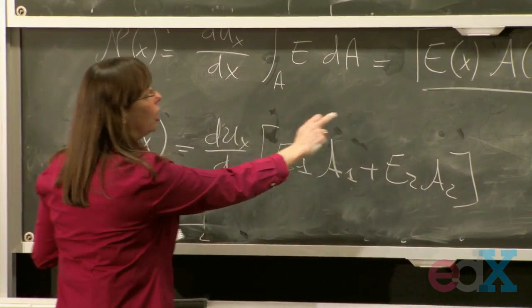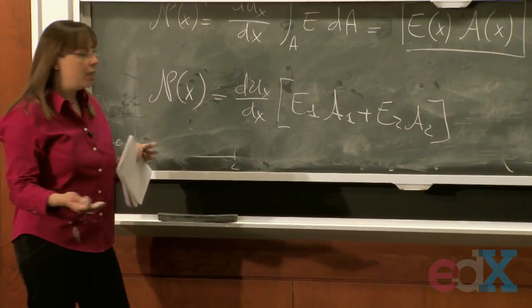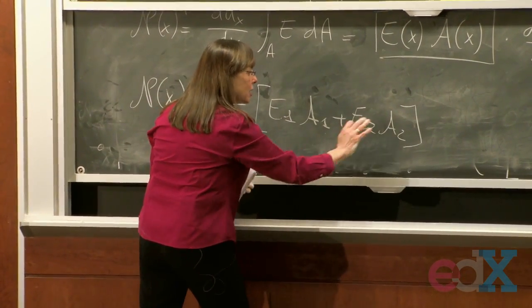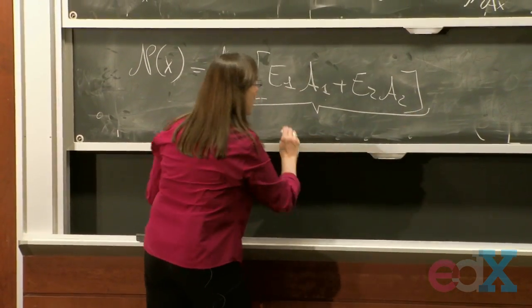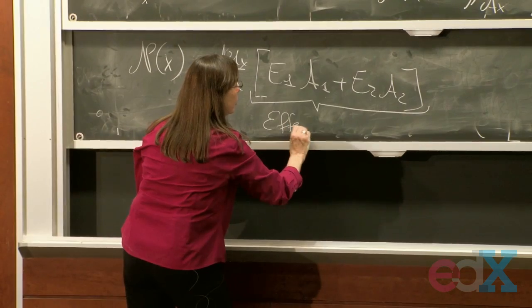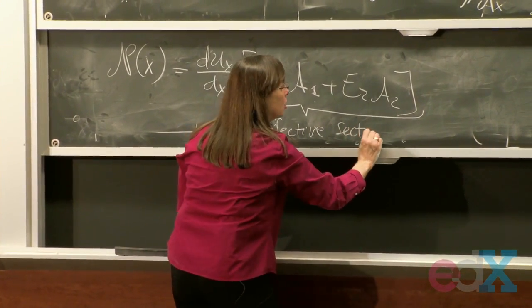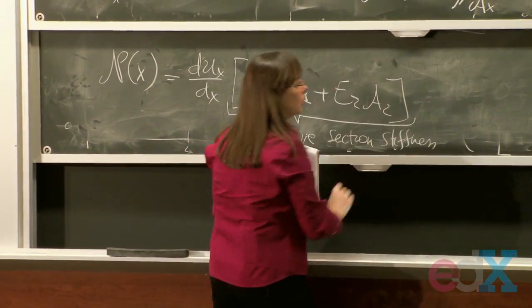See, before I only had E times A. I only had one E, one A. Now I need to take into account the fact that I have two materials with two stiffnesses, and together they give me the effective section stiffness. Okay?